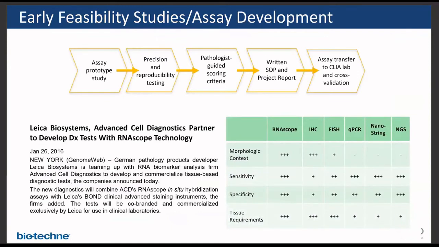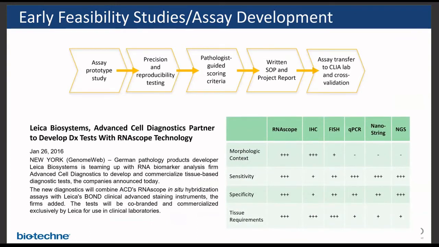Okay, so moving on to early feasibility studies and assay development. This is also one of the key study types or project types that we do. So we have procedures that begin with the assay prototype establishment, followed by a precision and reproducibility study tested over multiple instruments to ensure the robustness and precision of the assay.